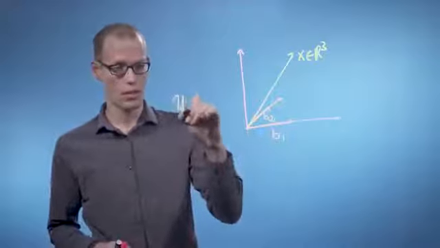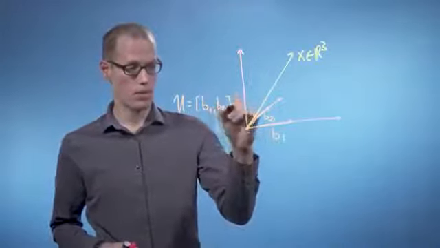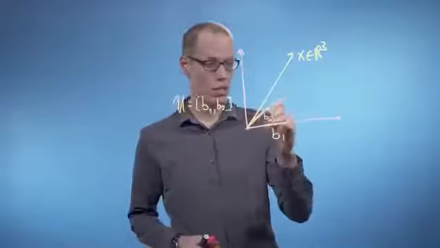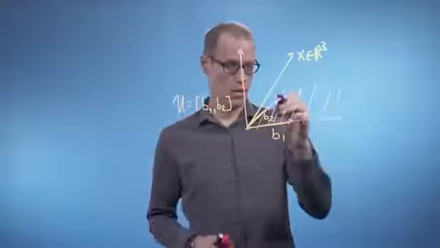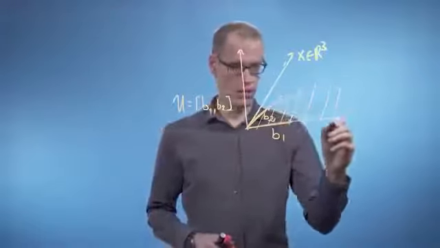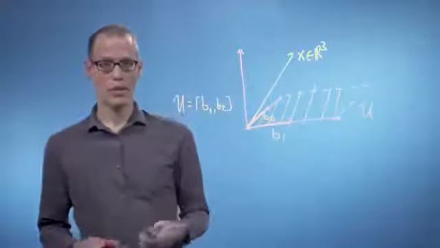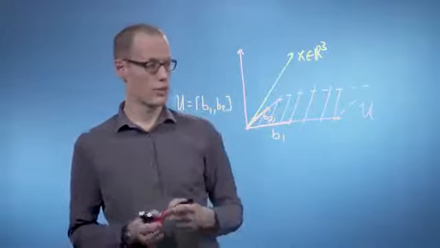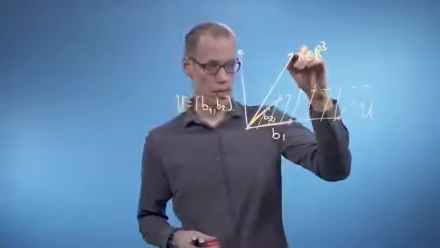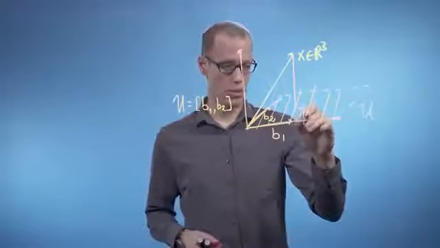So we write U is spanned by b1 and b2. So U in this case would be the plane down here. So this is U. So now we're looking at the orthogonal projection of x onto U, and we're going to denote this by pi u of x. So that projection is going to look something like this. That's the projection point.